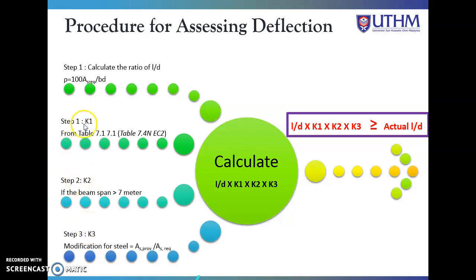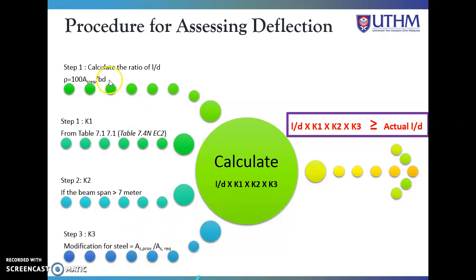Okay, step 2 is to calculate the K1 by using this table. Step 3, K2: if the beam span is greater than 7 meters, we need to calculate by using the formula. Otherwise, K2 is equal to 1. The last step is K3, modification for steel, by using this equation.